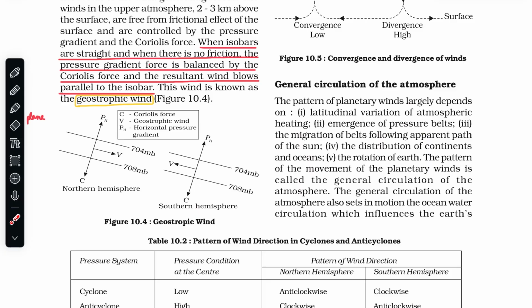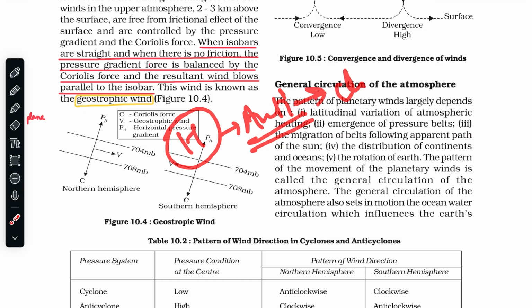That's it. The rest of the other conditions can be determined after this. Similarly, in the northern hemisphere, if there is high, then there will be anticyclonic conditions, and this will have a clockwise pattern of wind.